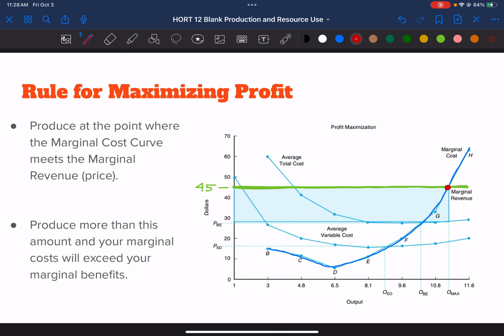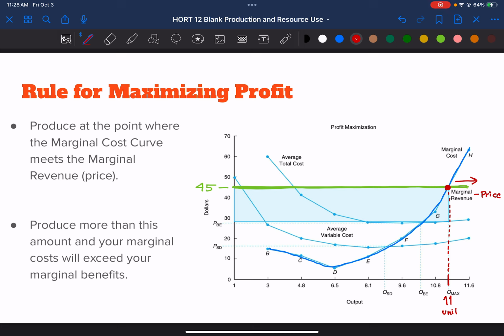They would want to produce where the marginal revenue line, which is the price, meets the marginal cost curve. If you were to produce more than that, if you were to keep going this way, so let's see, our marginal revenue meets marginal cost right here between 10.8 and 11.6, we'll call this 11 units.